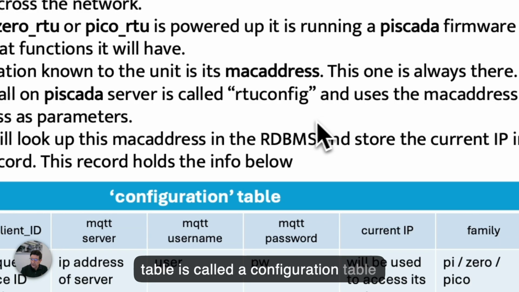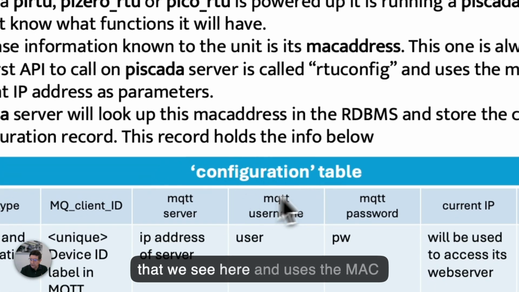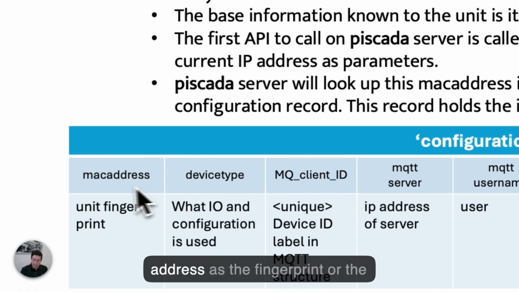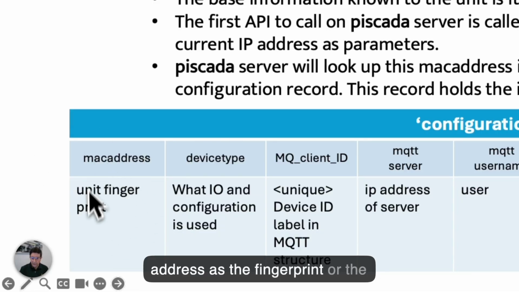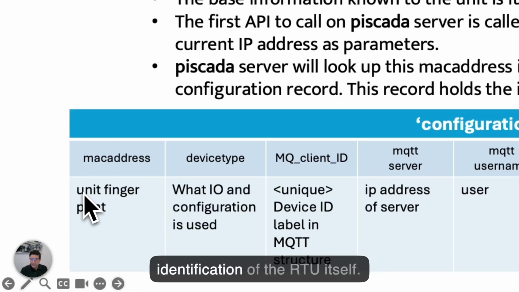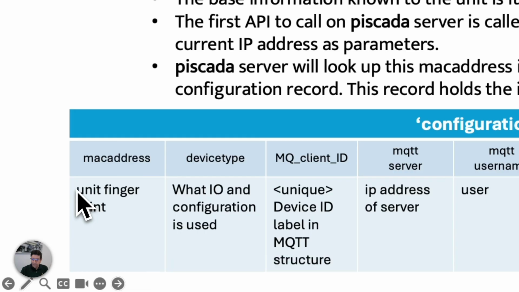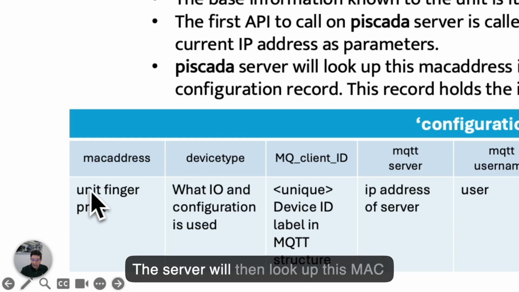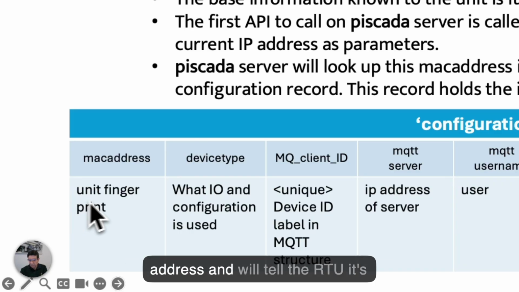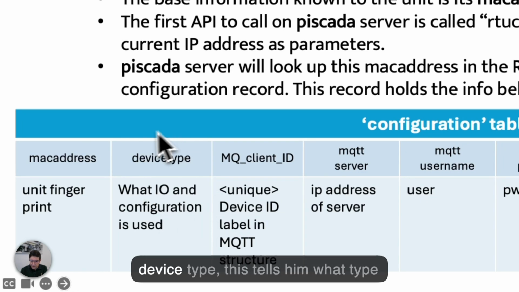That table is called a configuration table that we see here, and uses the MAC address as the fingerprint or the identification of the RTU itself. The server will then look up this MAC address and will tell the RTU its device type.